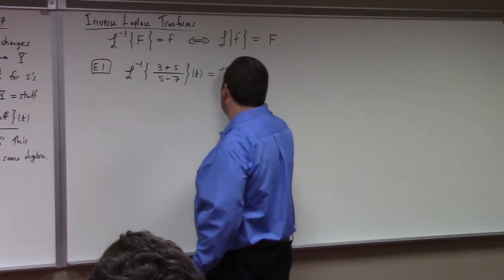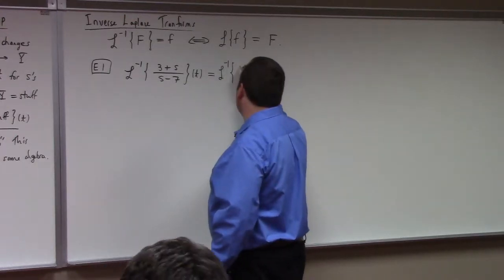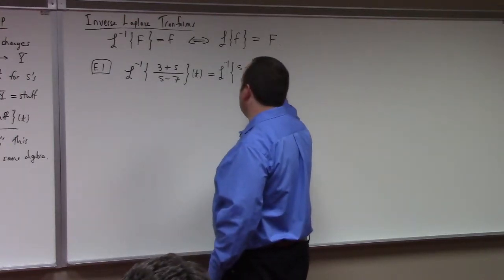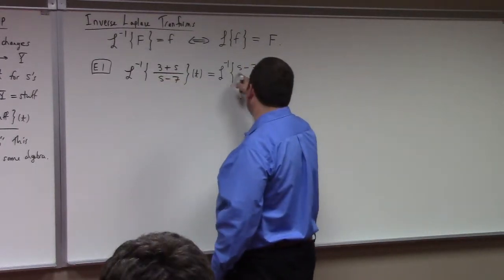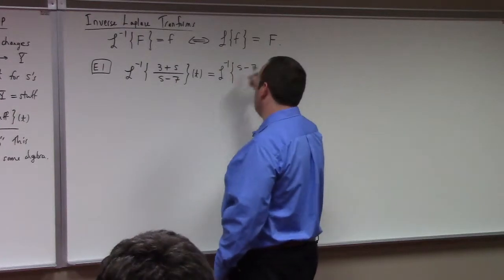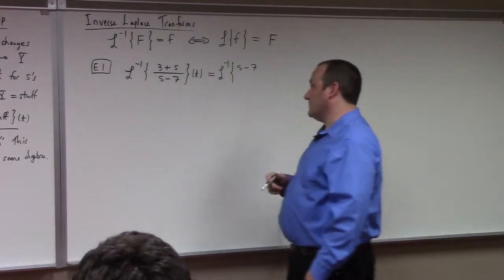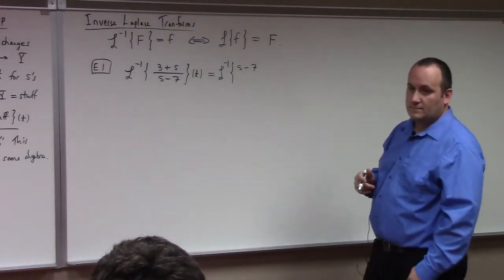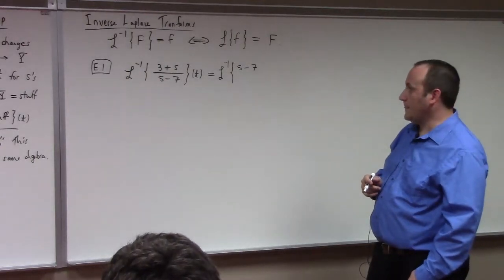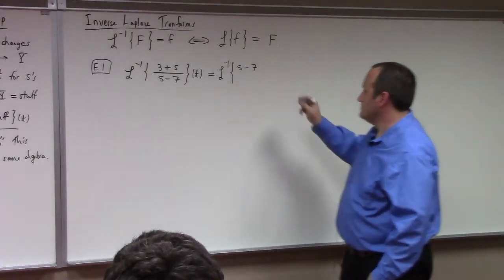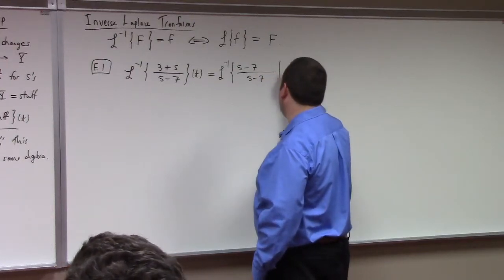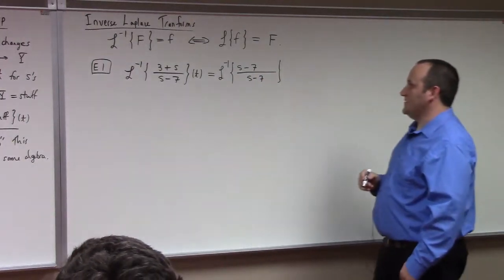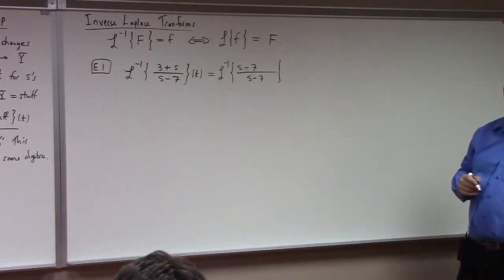This is really the inverse Laplace transform of s minus 7. To get a 3 back, I have to do what? To be fair, algebra demands I put what else in the numerator?